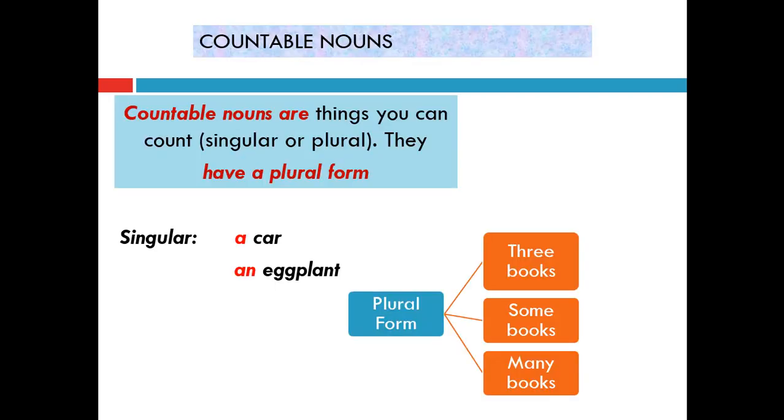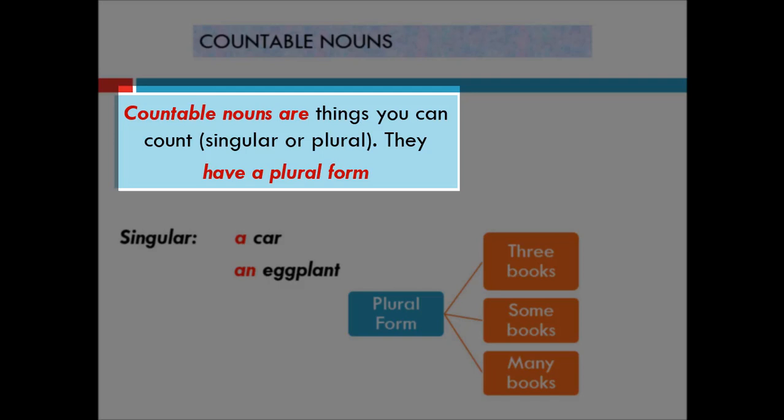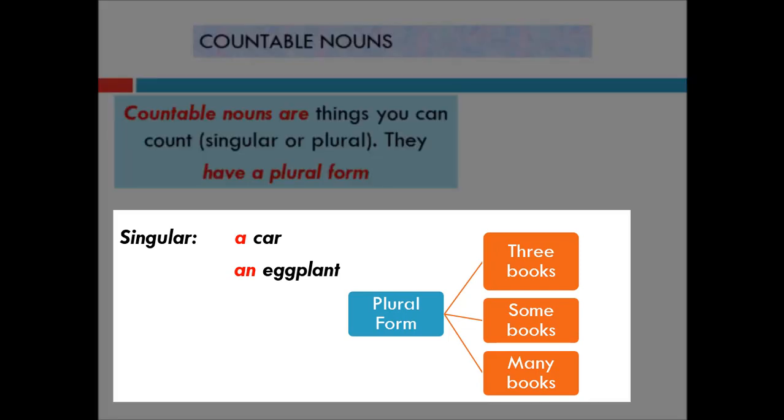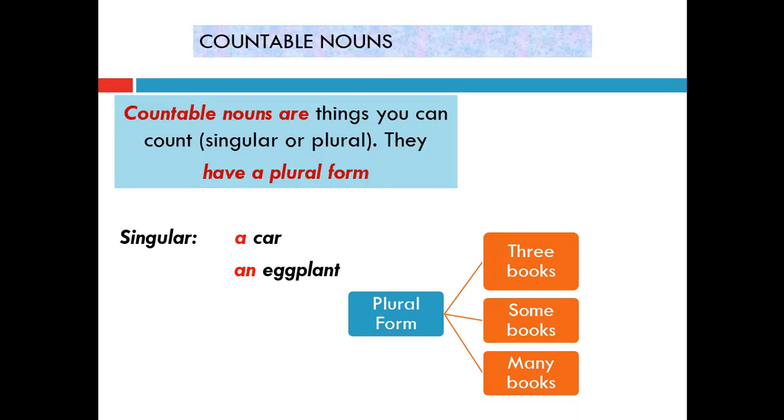Okay. Now let us move on to countable nouns. Basically, countable nouns are nouns that you can count, right? With these types of nouns, there are two types. They can be singular and also plural nouns. Whenever you have a singular noun, then you can put an article, like a car, right?